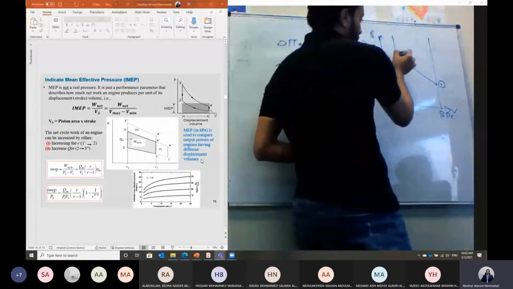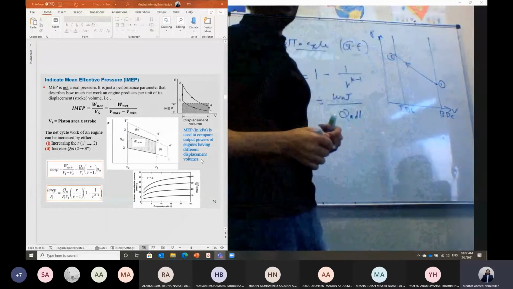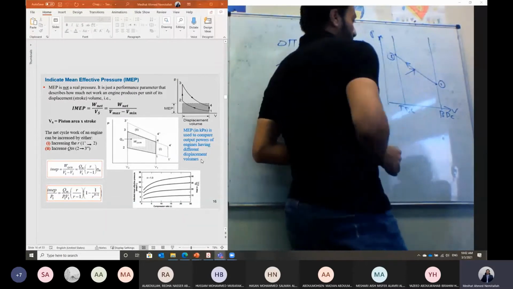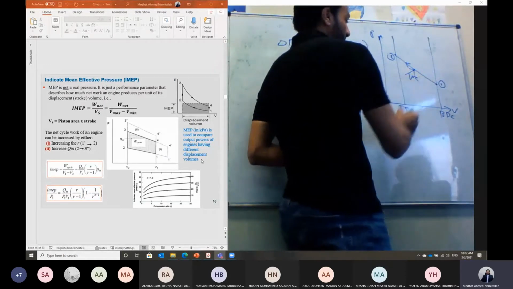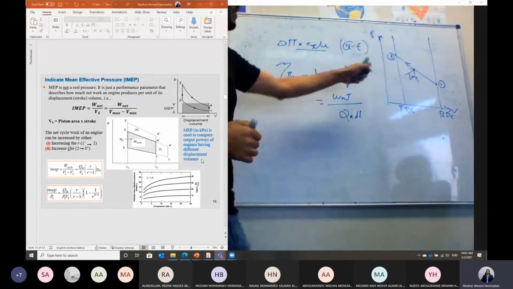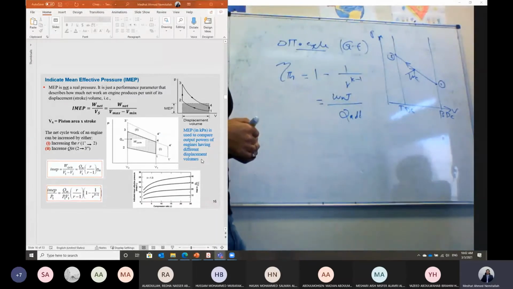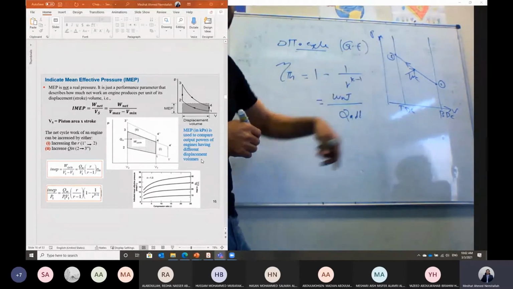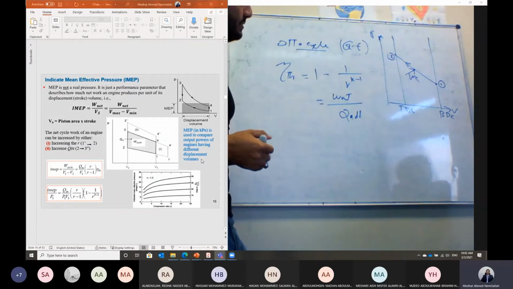The compression process from 1 to 2, during which the piston is moving up, gives negative compression work. This process is isentropic compression. Isentropic means the process is reversible. We don't have any kind of losses. The process can be reversed to the initial state without leaving any trace on the system or on the surroundings. That means this process is reversible and we don't have any kind of losses.